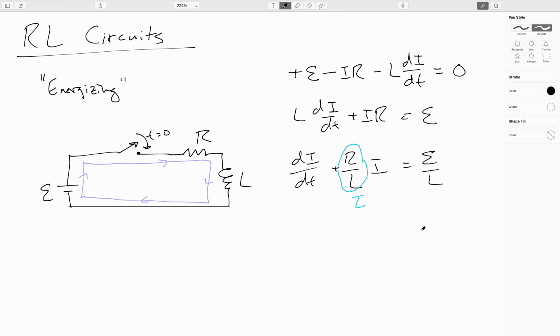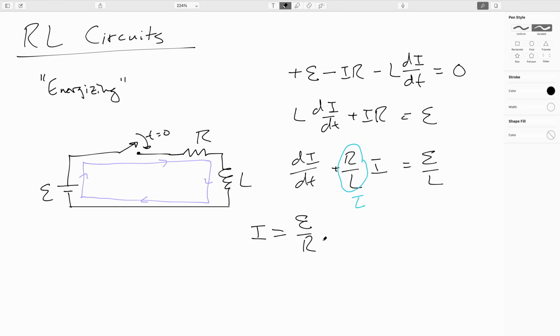And since we solved this the exact same way that we solved it for the case of the charging capacitor, and it was a tedious solution, I'll just save you the grinding of it to get that the current will be equal to the EMF over R. Because remember, after a long time, an inductor will act like a wire.